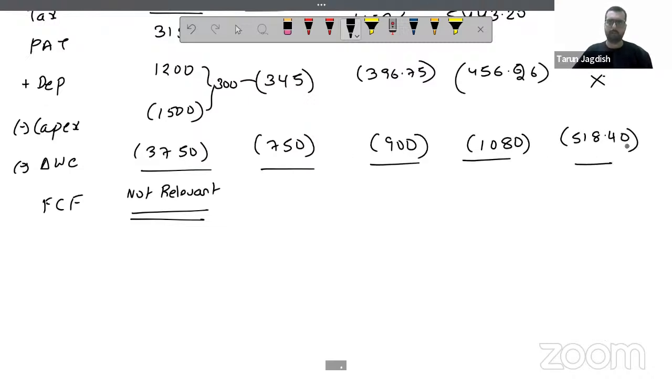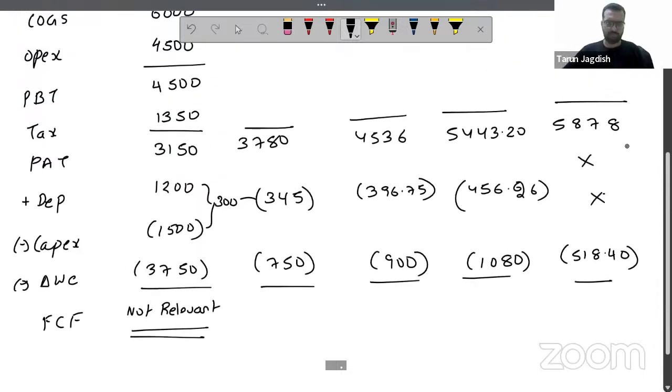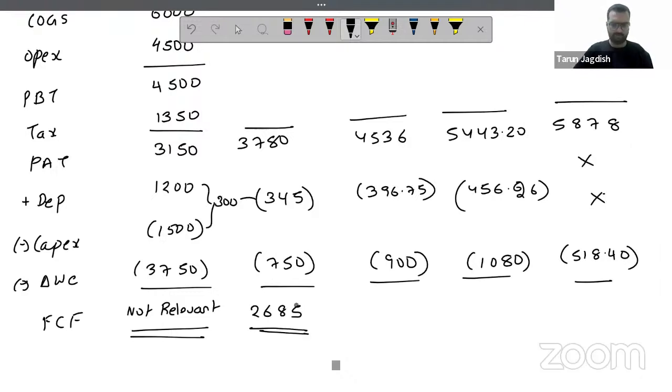And from this, we should be finding our free cash flows. Minus 345 minus 750. 2685. 3240. 3906. 5360.